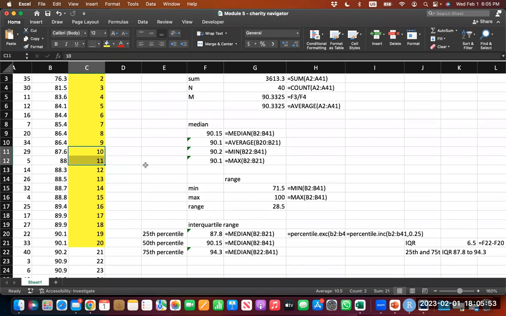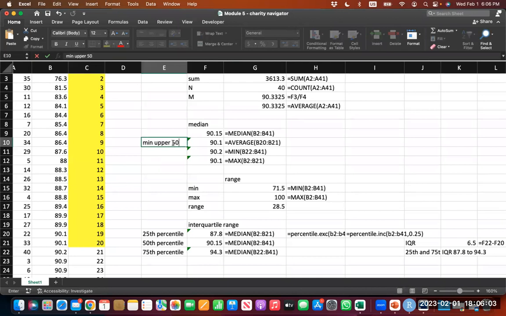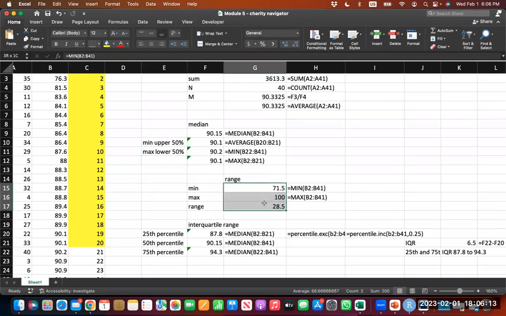So for the median, this is the min of the upper 50%, and that's the max of the lower 50%. When you do the range and you do min and max, then you include all of it. Exactly. If you quantify the range, then you use all data and look for those extremes.